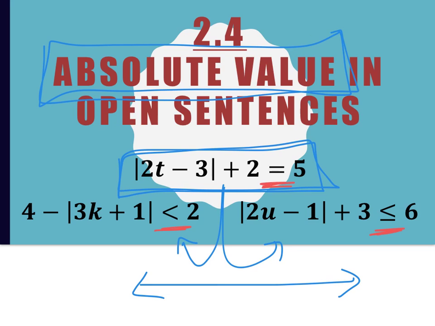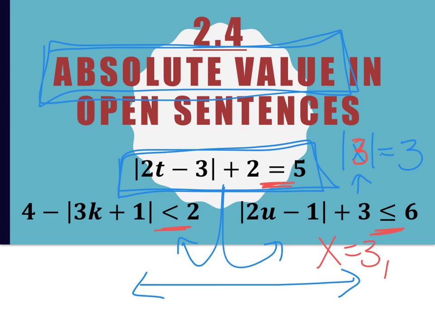And absolute value is very tricky, because if you think about it, if I have the absolute value of x is equal to 3, there's two numbers that x could be that would make this statement true. X could be positive 3, because the absolute value of 3 is 3.